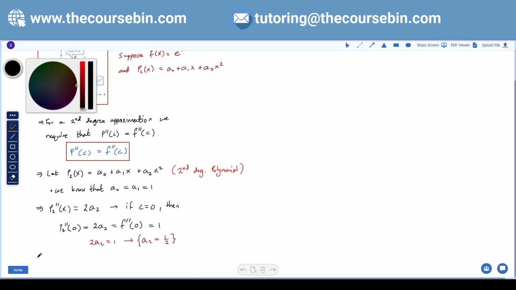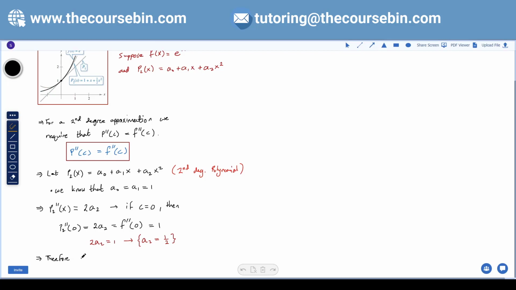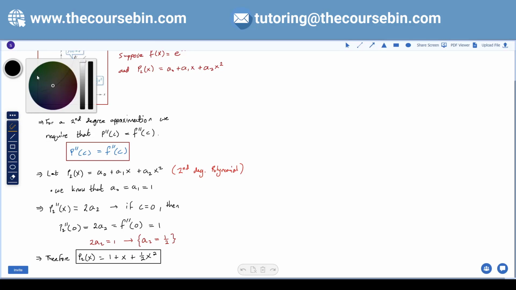Therefore, p2 of x is equal to 1 plus x plus 1 over 2 times x squared. Right, so this is our second degree polynomial approximation.